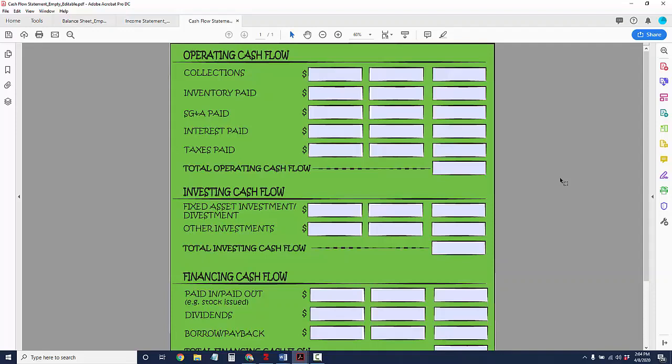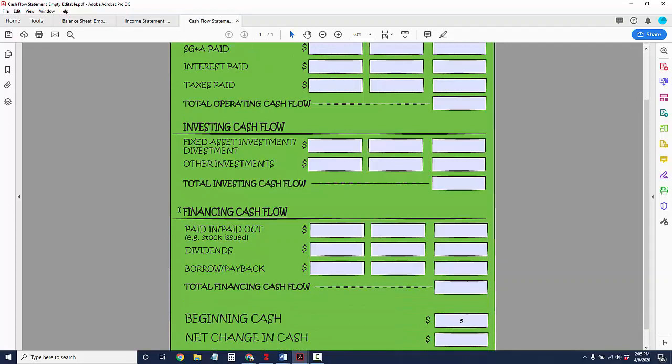So we have a $25 cash inflow from this loan. And this would be reflected under the financing cash flow, specifically under borrow payback. So we would write here plus 25 from the bank loan. And we are going to use a plus to indicate a cash inflow.